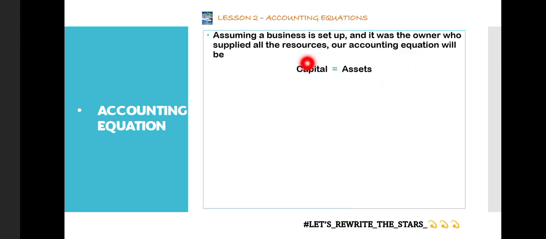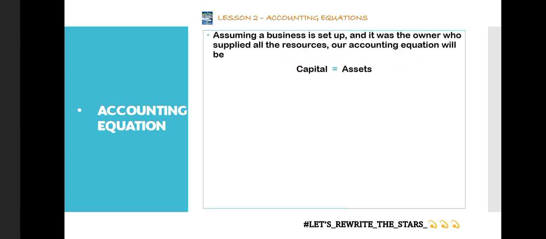Therefore, the resources supplied by the owner, which is the capital, is equal to the properties of the business, which is the assets. So capital is equal to assets. That is our very first equation.